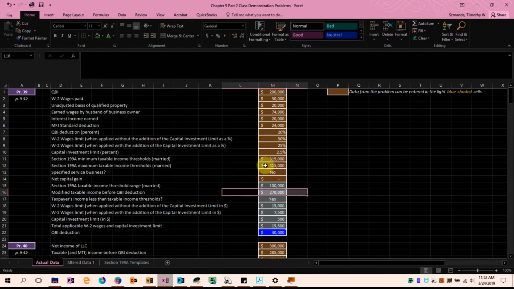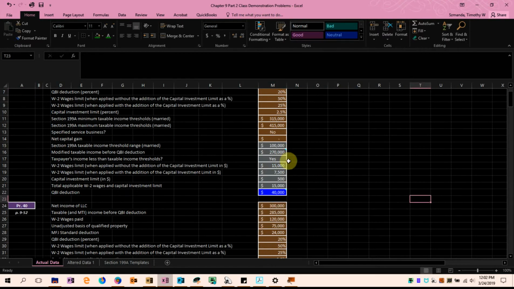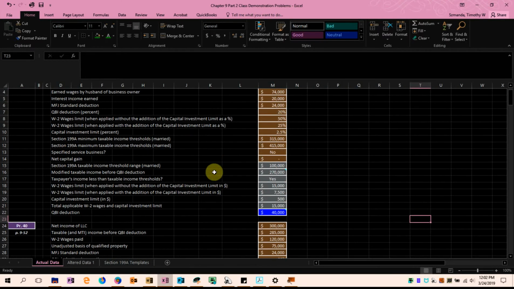So there'll be no reduction of the 20% deduction. So let's talk a little bit about what these numbers mean. Let's take a look at some of the calculations regarding these limitations I mentioned earlier. They are the 50% of W-2 wages, and the 25% of W-2 wages plus 2.5% of the capital investment.